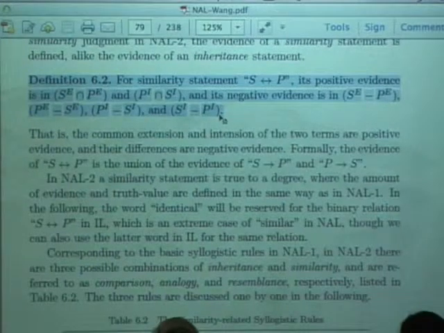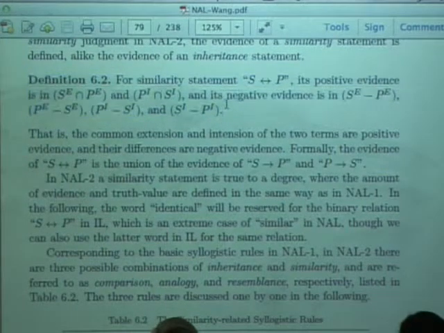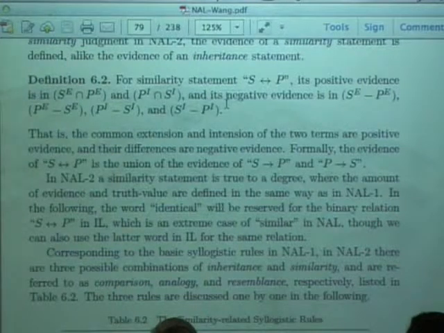It's quite natural to say that since this one is a summary of this, the positive evidence of this one will be the positive evidence of either of the two, and the negative evidence of this one will also be the negative evidence of either of the two inheritance relations. Which directly gives you this consequence.